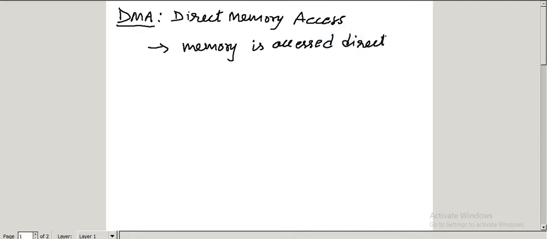So whenever the memory is given, or accessed, by some devices which are the input or output devices, this process is known as direct memory access.